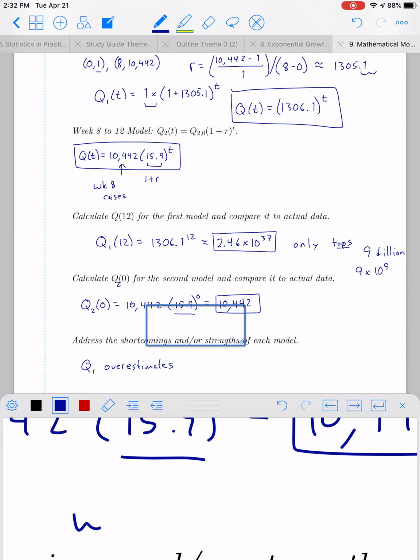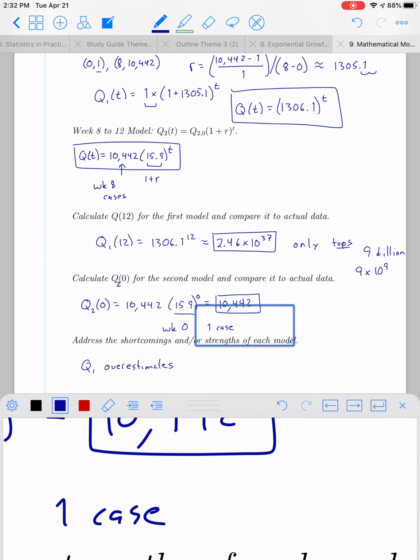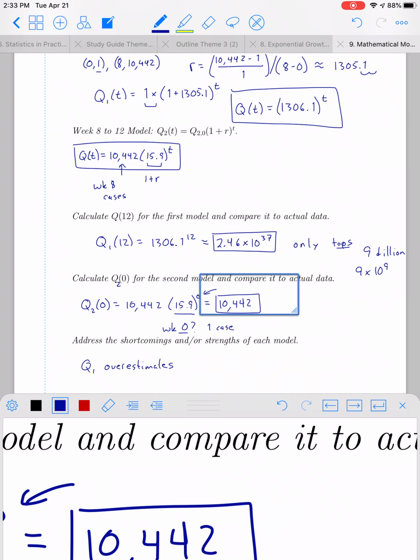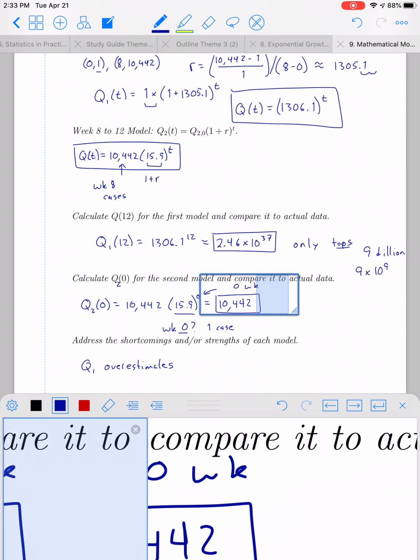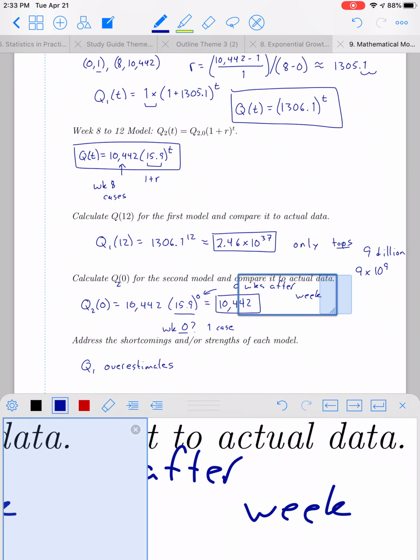Well, in week 0, we had 1 case. Well, this model actually doesn't touch on week 0. This is not week 0. This is amount of time. This is 0 weeks after week 8.